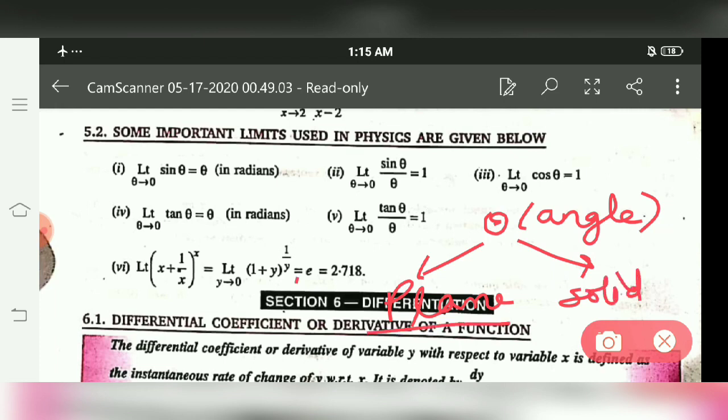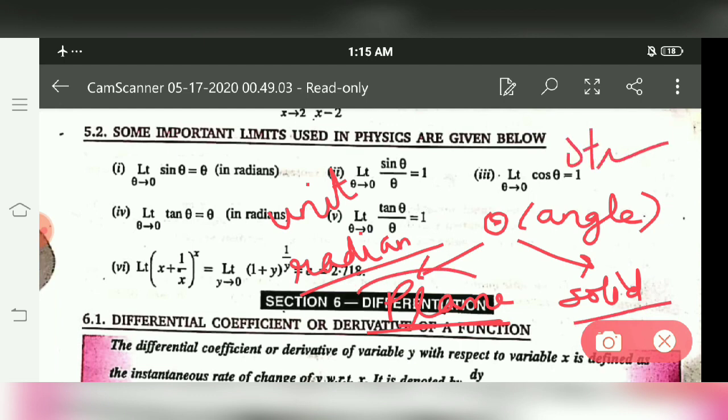The unit of plane angle is radian. A unit is what we use to measure a thing, like we measure length in meter or kilometer. Similarly, to measure an angle we have the unit radian for the plane angle, and for the solid angle it's steradian. We will discuss plane and solid angles in detail when we discuss the fundamental quantities.